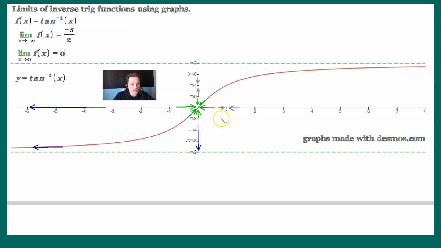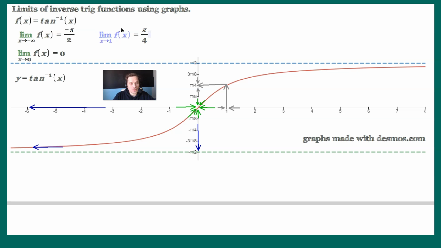If you have trouble seeing that properly, take a look at 1 itself: when that goes in, carefully follow the arrows, you see pi over 4 comes out. That's why the limit is as such. So you can write down the following limit: the limit as x approaches 1, from left and right, is the same limit, of f of x, which is equal to pi over 4.